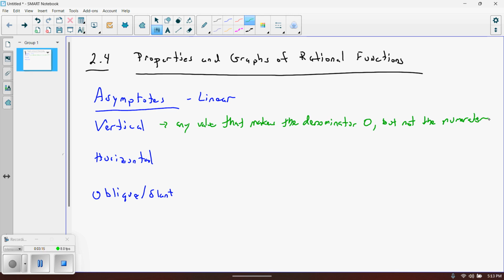So if I can take a specific value for x, plug it into the denominator, and it makes the denominator 0, but it does not make the numerator 0, that would be the location of the vertical asymptote, and you could write the equation for it, which we will do.